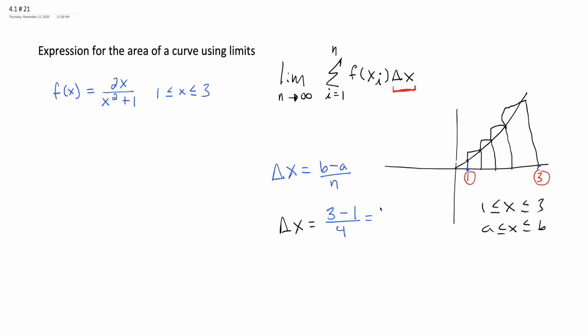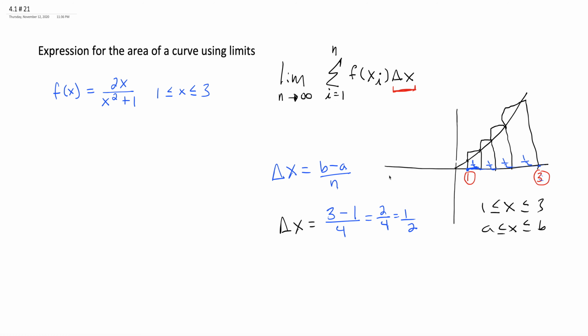So you get 3 minus 1, which is 2, over 4, which reduces down to 1/2. That means each one of these widths is 1/2. So that's 1/2, 1/2, 1/2, and 1/2, and 1 plus 1/2 is 1.5, plus 1/2 is 2, plus 1/2 is 2.5, plus 1/2 is 3.